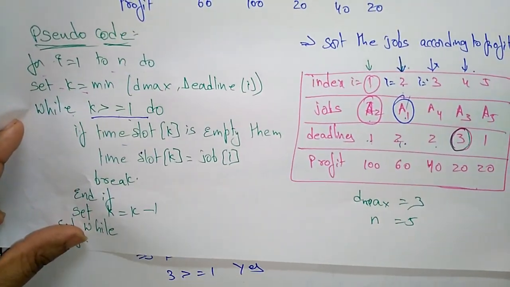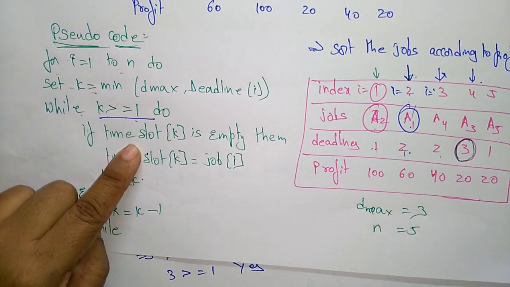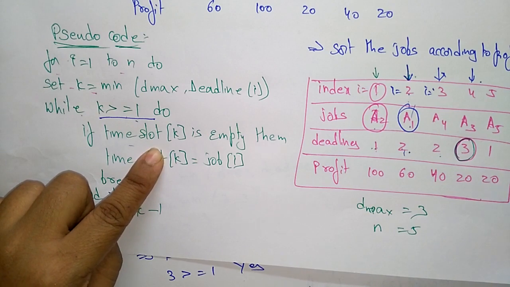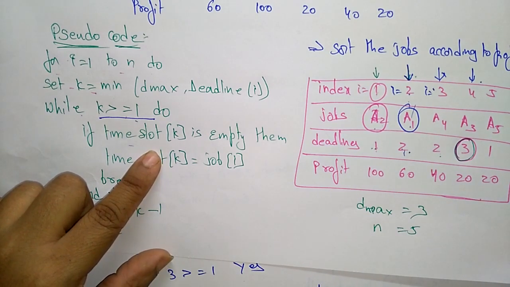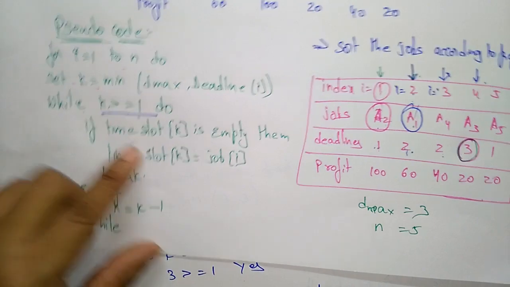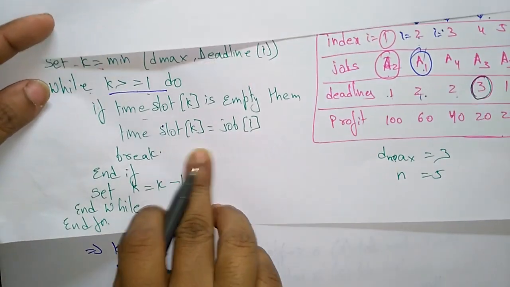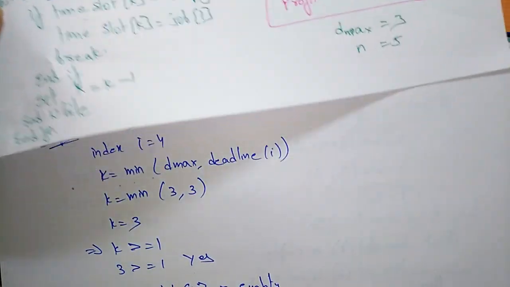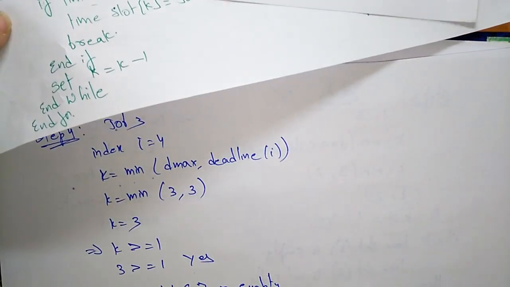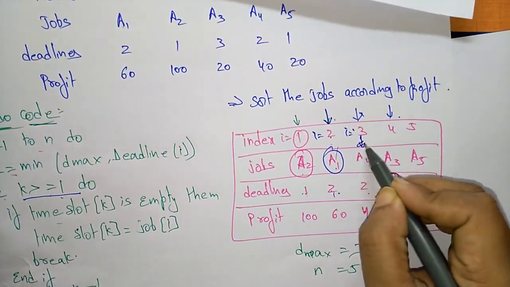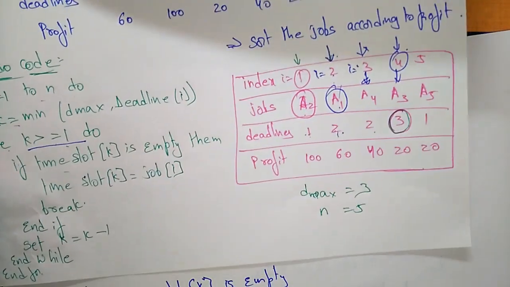Now I have to check whether time slot of k is empty or not, that is time slot of 3. Is time slot of 3 empty? Yes, time slot of 3 is empty. So then we have to fill it: the time slot of k should be assigned the job of I. What is the job of I? I means 4, job of 4, and this job of 4 is A3.